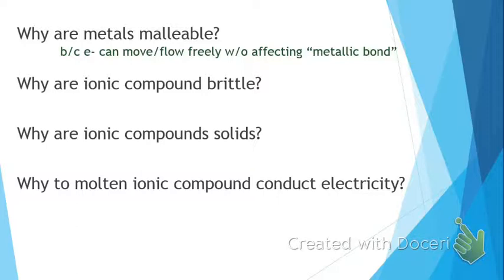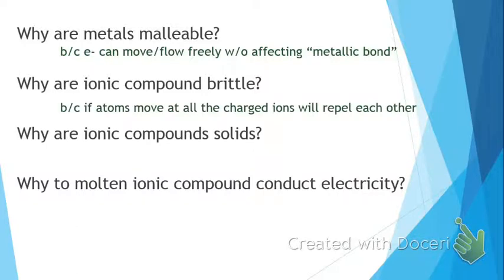And then, kind of the opposite of that, why are ionic compounds brittle? Well, it's because the atoms can't move and flow freely. The electrons have been transferred from one place to another and created these ions. And if you move this crystal lattice at all, then you're going to get a positive ion lining up with another positive instead of with its negative buddy, and two positives will repel, or two negatives will repel each other.